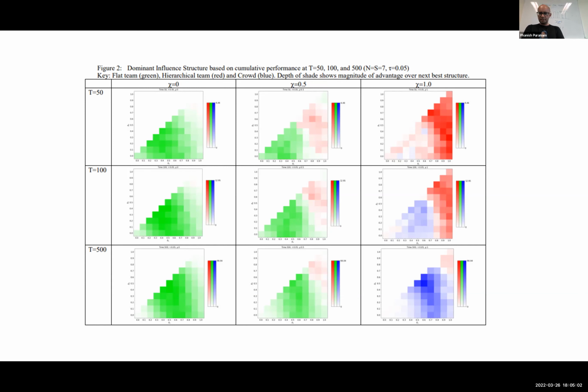Chi is 1 is the coupled learning world, where there's dependence between actors that's forcing the dependence to be taken into account. And the rows are time periods. So it's telling you what happens at the end of 50 periods, at the end of 100 periods, at the end of 500 periods. Okay. All right. So firstly, how do you interpret this? In plain English, tell me what's going on.